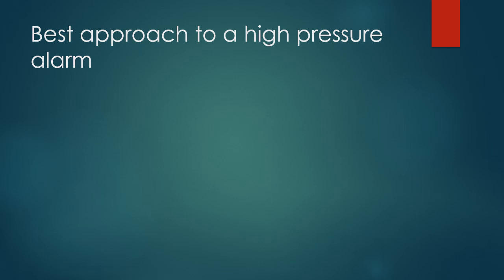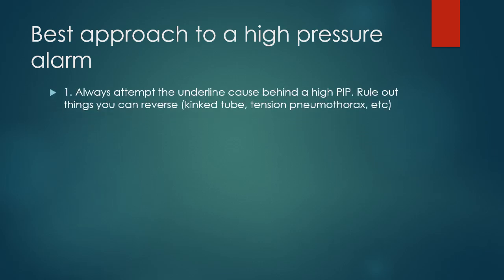So to reiterate what my approach is to a high pressure alarm, I always try to fix the underlying cause first. So these are things that you could probably find when you're going through your DOPE. If you're able to find those things, they should hopefully be easily correctable. But if during the process of going through your DOPE you don't find anything that is directly causing that high pressure alarm, the second thing I'm going to do is decrease the volume.